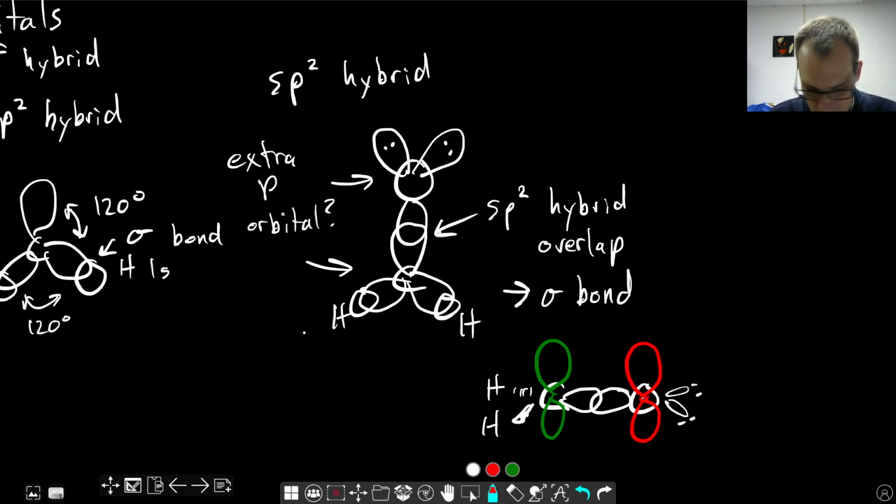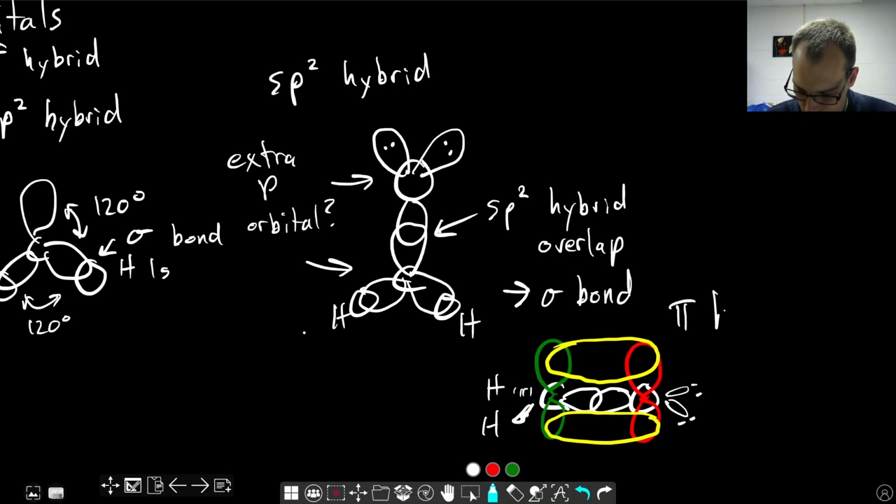So we can visualize these stretching over. Let's use a third color, yellow. We can visualize these merging together above and below here to form what we call a pi bond. Now, the reason for sigma and pi is that it's a little bit like S and P, except in Greek.